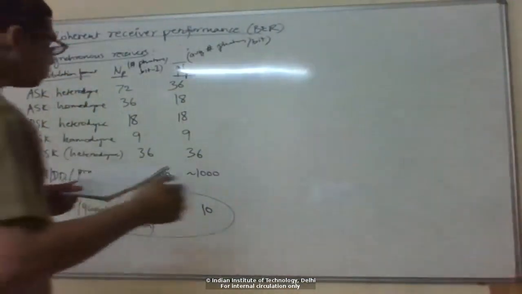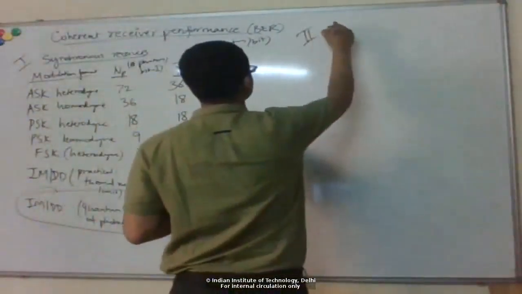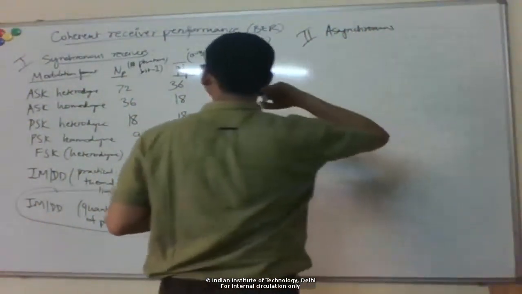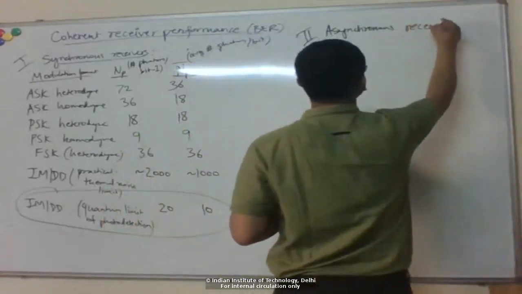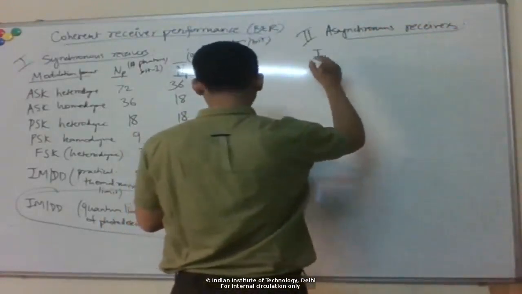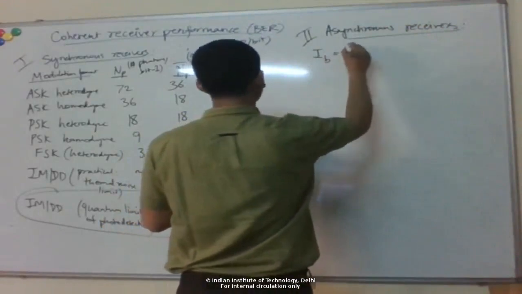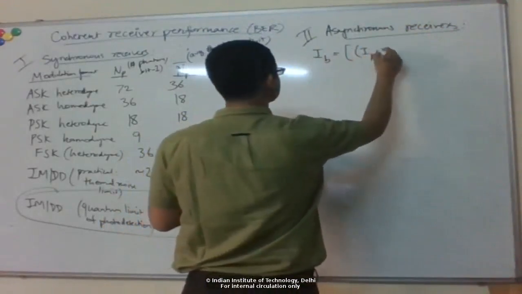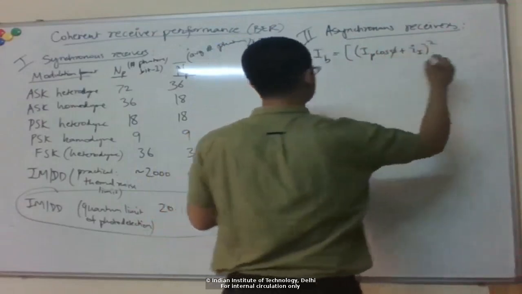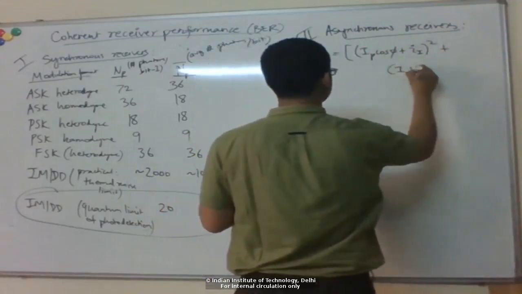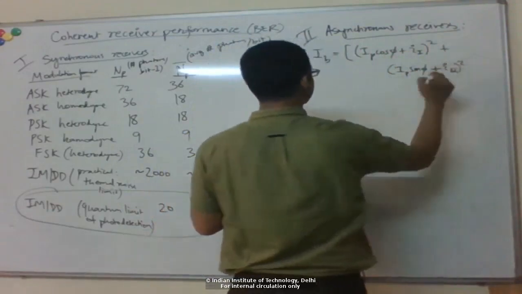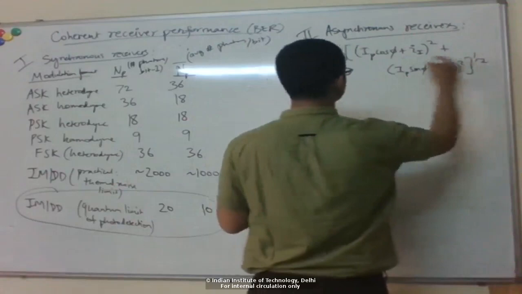But the price that we paid for the simplicity was that the baseband current finally has the in-phase component plus the quadrature phase component and the noise contributed by that also.